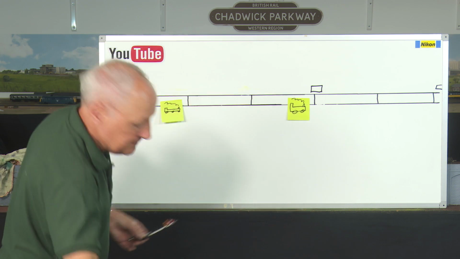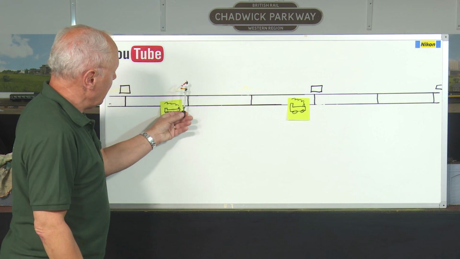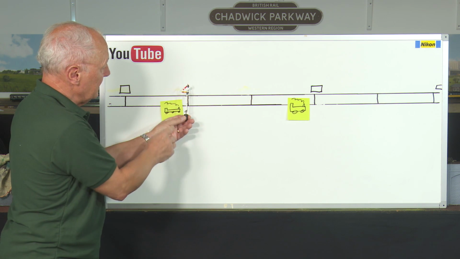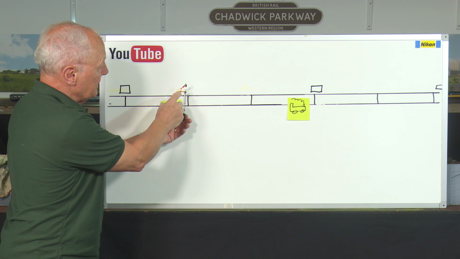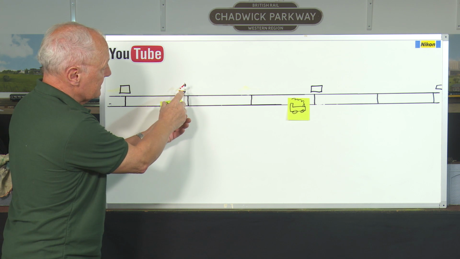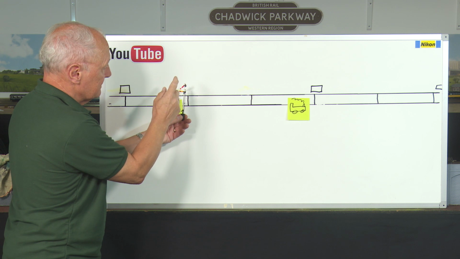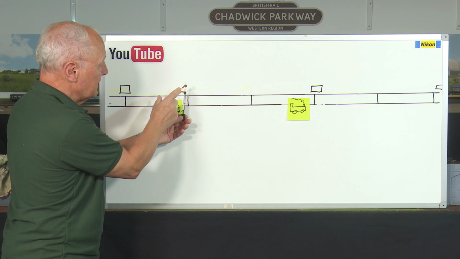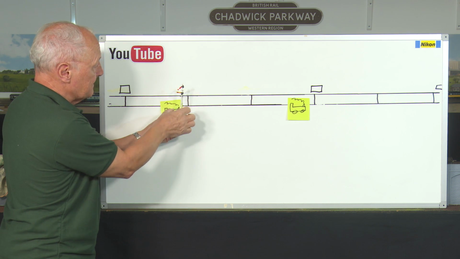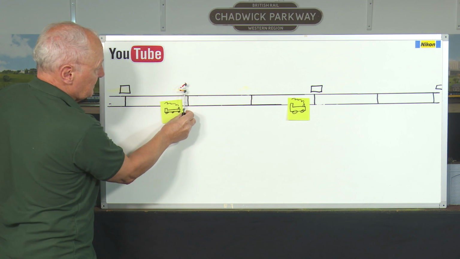But here you will have a distance signal, which is the yellow, indicating that the next block is clear, indicating that after the next block, it will be a stop sign.